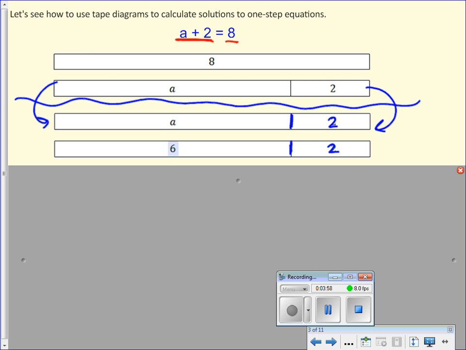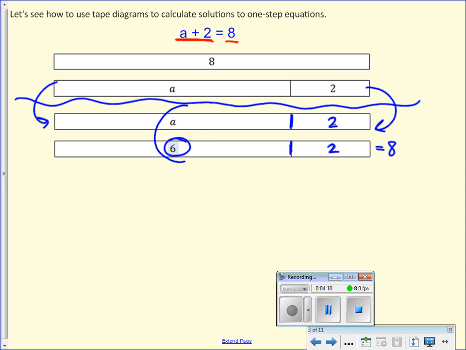So if a plus 2 equals something else plus 2, and I know that my total is 8, what is this going to be? 6. So I see that a equals 6, and that was my goal. My goal was to find out what is the value of my variable a?